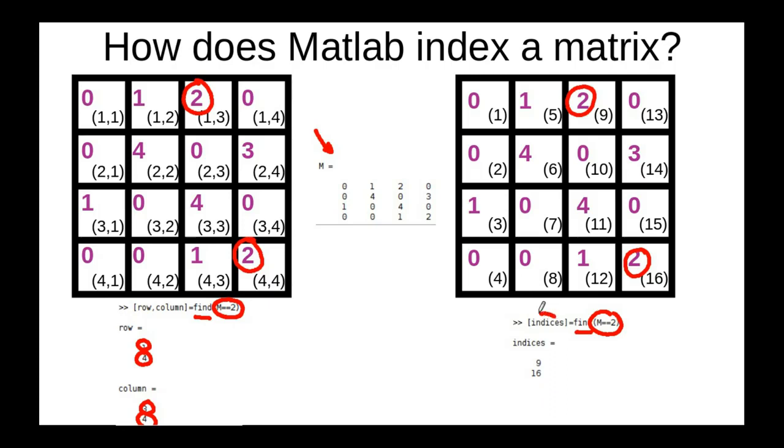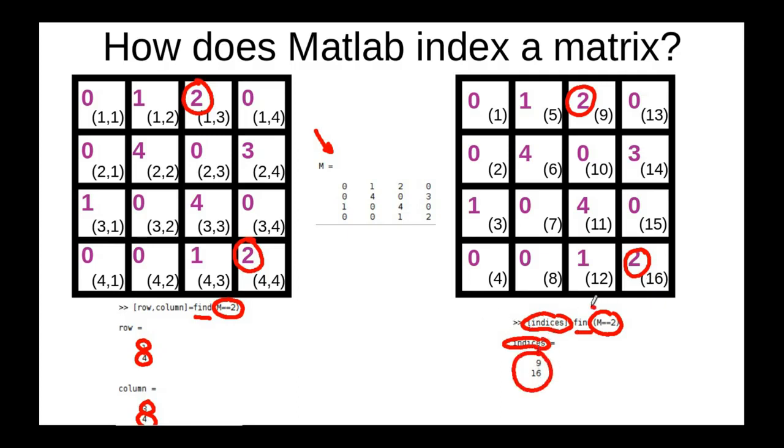Pay attention that when the output argument is a single argument, MATLAB returns the indices in the matrix. What do I mean? Here we have the first element, the second, the third, the fourth, the fifth, the sixth, till the 16th. So MATLAB returns the 9th element and the 16th element, as you can see here.